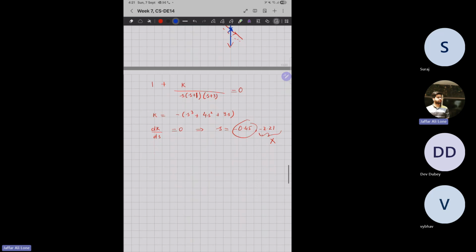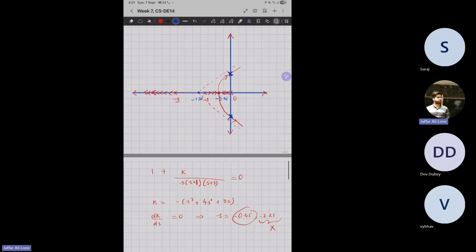For these type of questions where you are asked to find the intersection of the root locus with the imaginary axis, you need to find the characteristic equation, and then from the characteristic equation, you use Routh's criteria, and find the value of k for which the system is marginally stable, right?